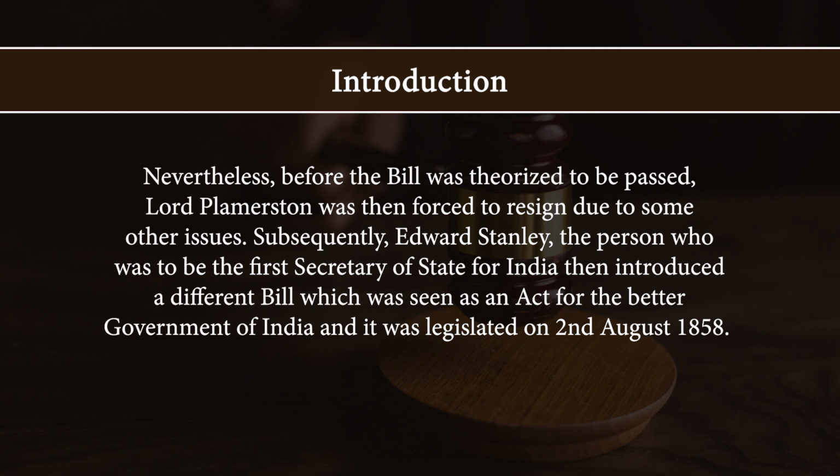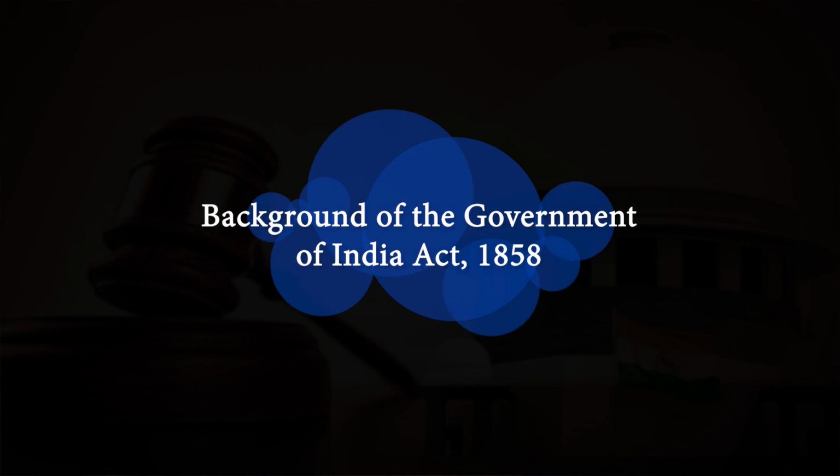Subsequently, Edward Stanley, who was to be the first Secretary of State for India, introduced a different bill which was seen as an act for the better government of India, and it was legislated on 2nd August 1858.